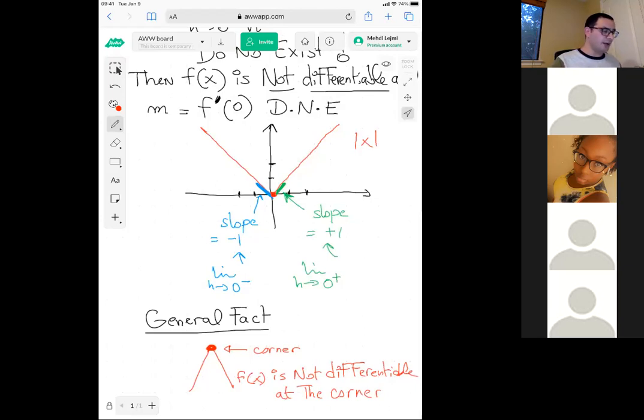Now for differentiability, if you have a corner, like here with absolute value of x at 0, then the function is not differentiable at that point because, again, the derivative is about slopes. The slope coming from the left is different from the slope coming from the right. So then f is not differentiable, right?